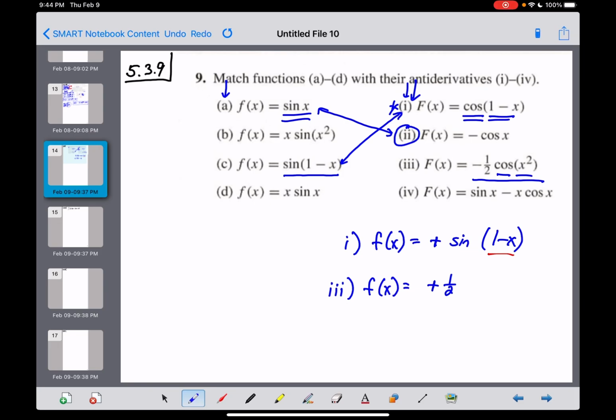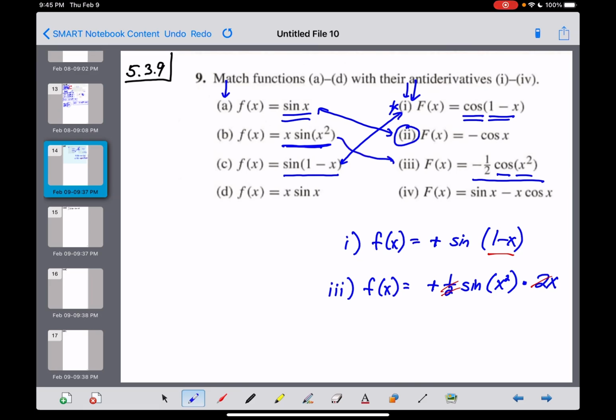So the opposite takes that negative and makes it positive. Sine of the same angle, x squared, times the derivative of that angle, which is 2x. And hopefully you notice there the 2 and the 1/2 are just going to cancel each other out, and that should leave us with a positive x sine of x squared, and that's b right here.